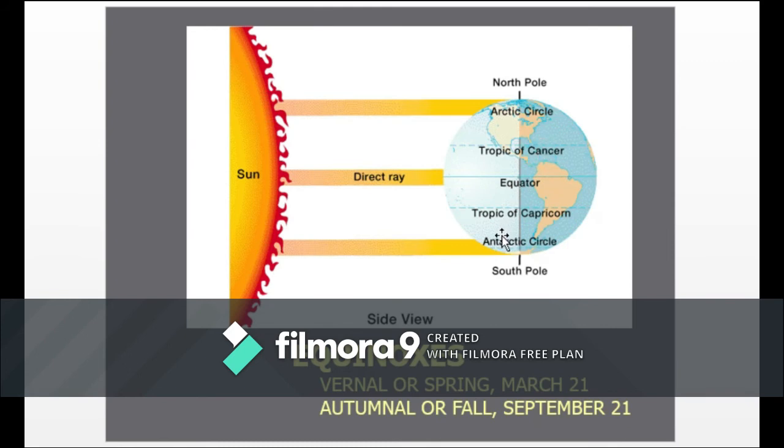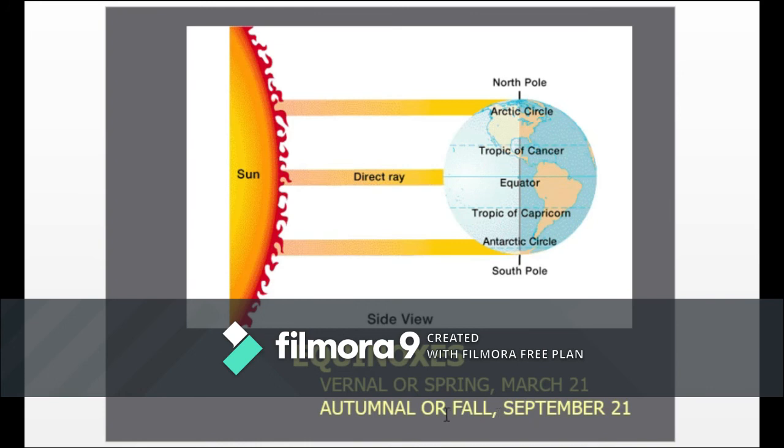And on the southern hemisphere, it will be vice versa. When 21st March is here on the tropic of Capricorn, it means that it will be the end of the summer season and the beginning of the winter season, okay.